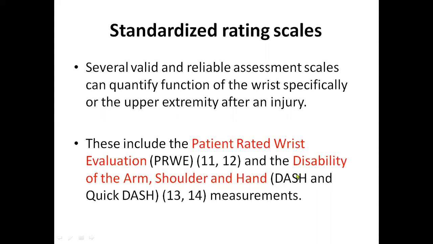So these scales have been validated and have good reliability as well. During the treatment session, the function and disability of the hand and wrist should be checked through the Patient-Rated Wrist Evaluation scale as well as the DASH, the Disability of the Arm, Shoulder, and Hand.